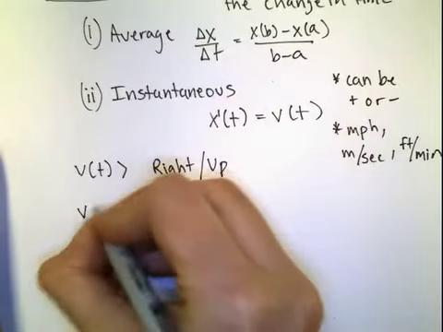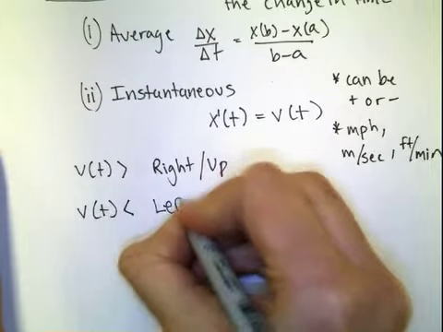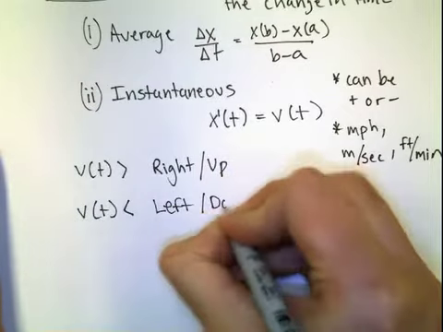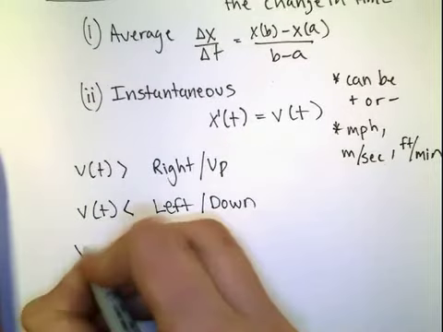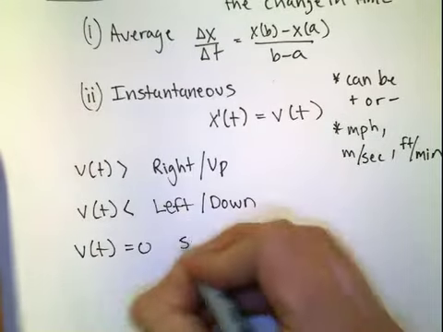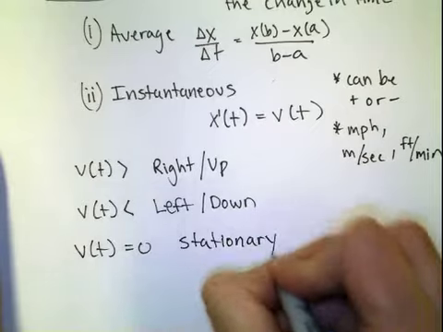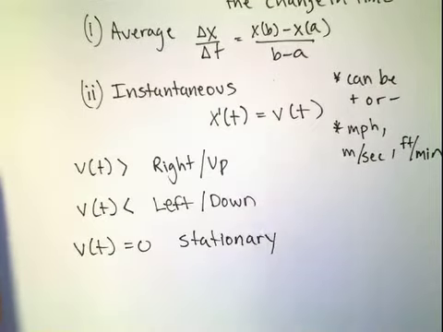And if velocity is less than 0, negative, then we know it's moving to the left or down. If velocity is equal to 0, then we know the object is stationary. Anytime you're reading questions about something moving left or right or up or down, I think about velocity. Velocity's sign, positive or negative, tells me what I need to know.